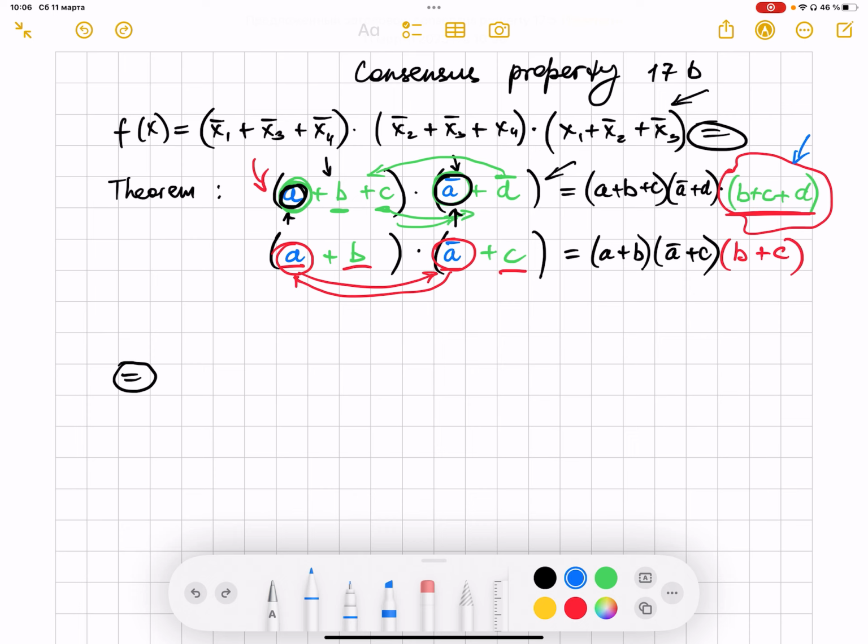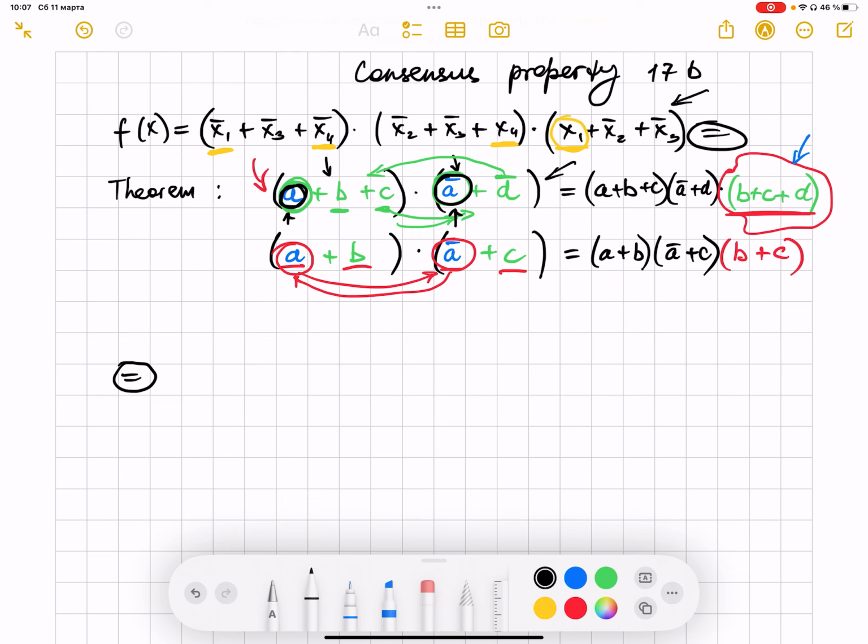I see that there's only one way: to take x1, because here is x1 bar, and x4, because there's x4 and here is x4 bar. So for this case, let's take x1 as a.